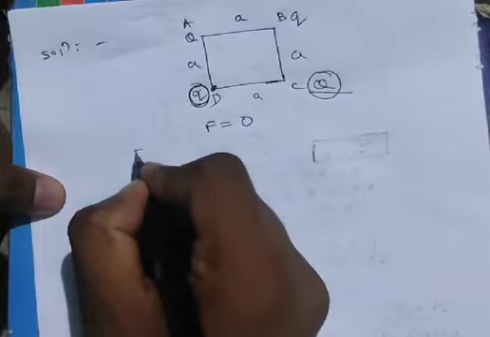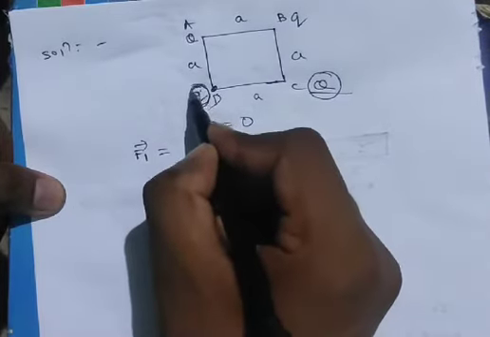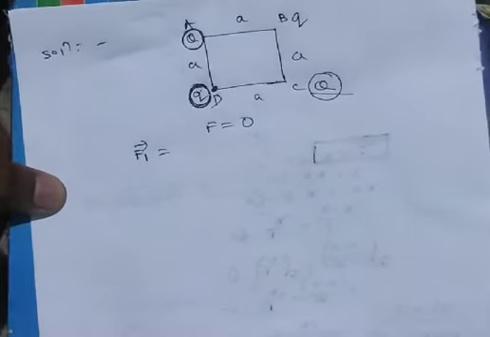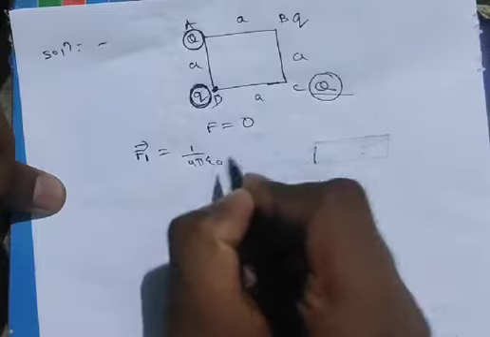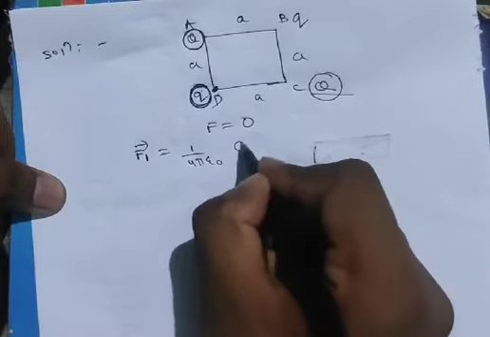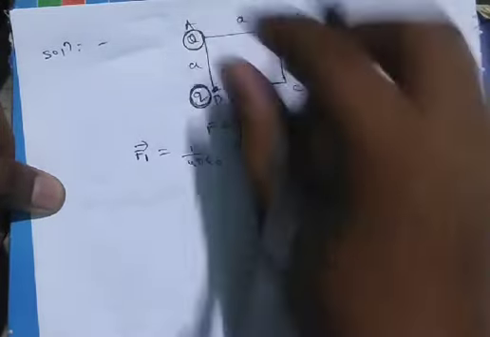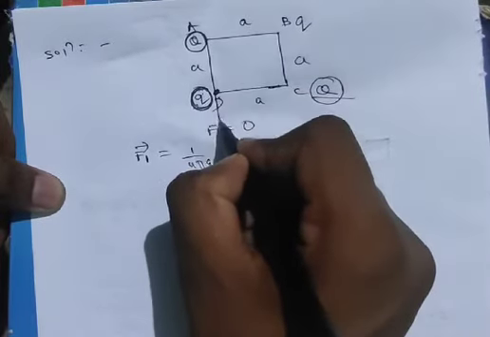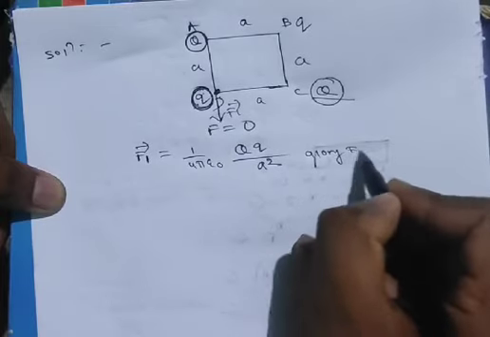Now I shall calculate F1, the force on q due to this Q. It will be 1 by 4 pi epsilon, Q1 is capital Q, Q2 is small q, and the distance is a, so divided by a square, directed along F1.